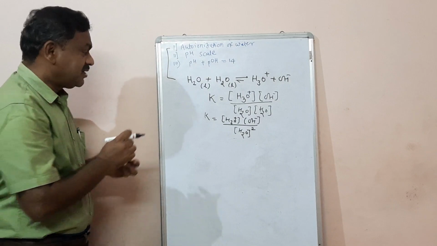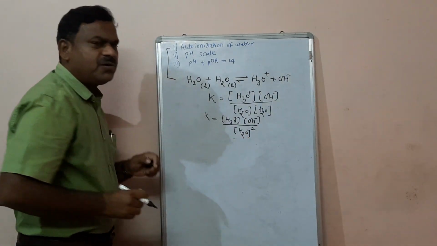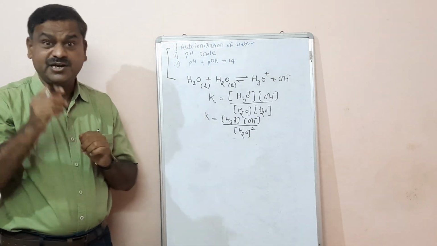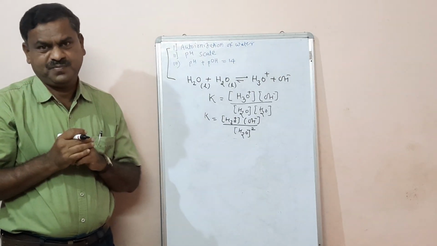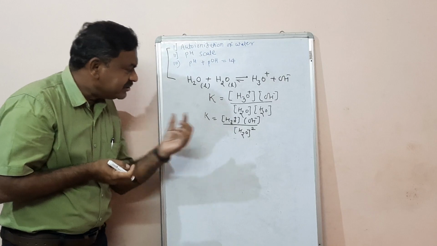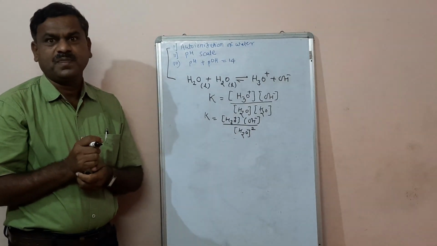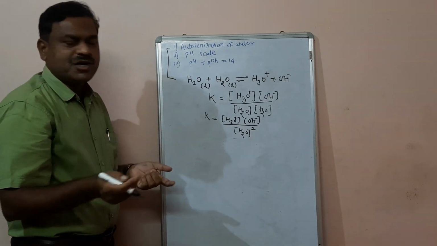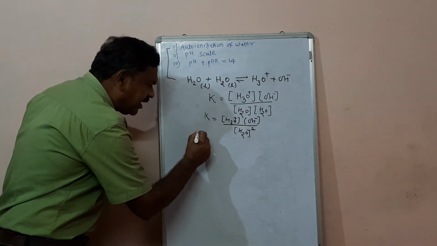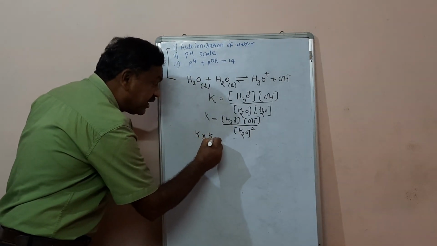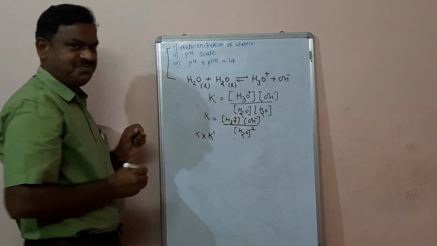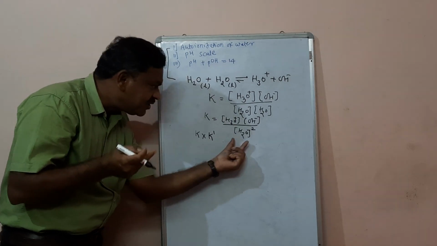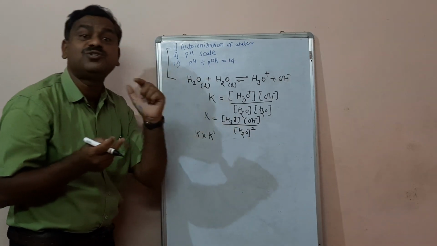And you know this H2O is a very small concentration in the solution, and that's why that is a constant one. Means that H2O is another constant, and that is known as K dash. K dash is another constant, which is the molar concentration of H2O.